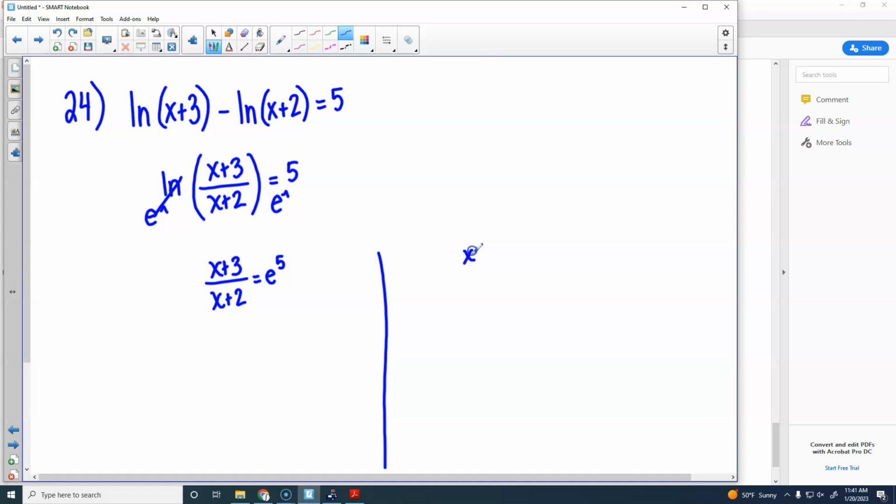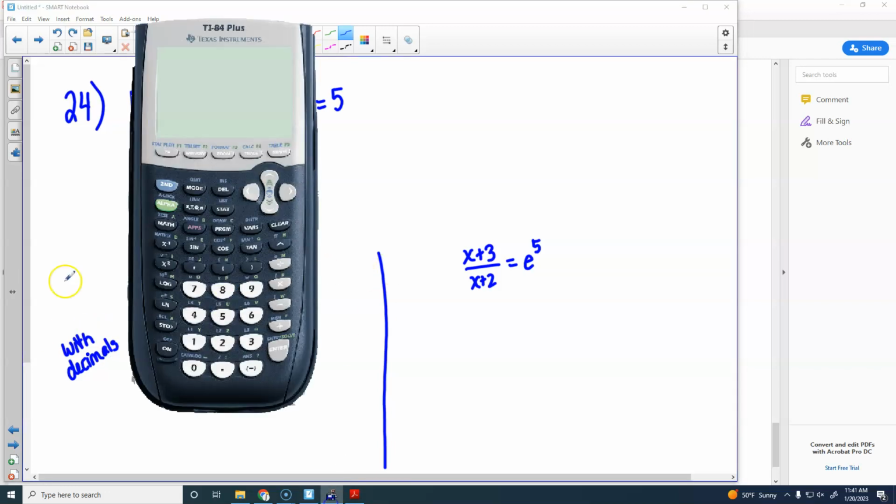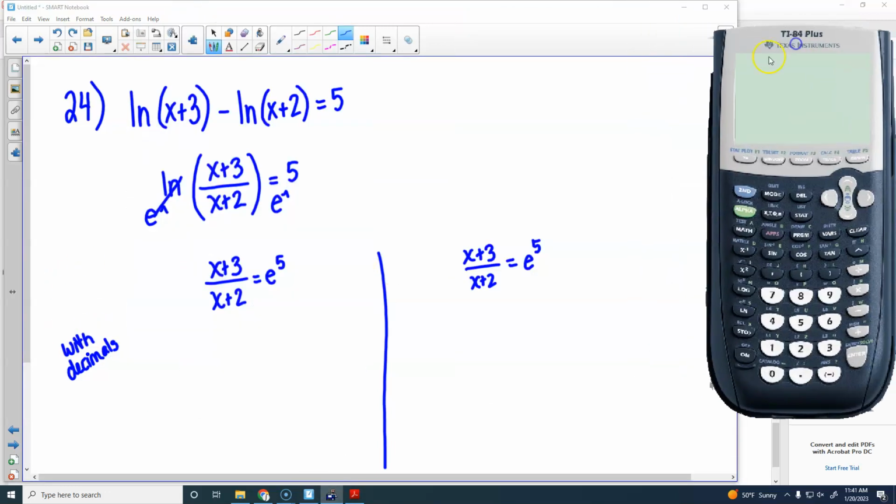Right, so I'm going to write it over here as well. With decimals, we're just going to type e to the 5th into our calculator.